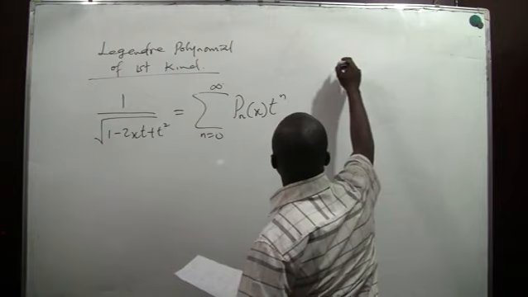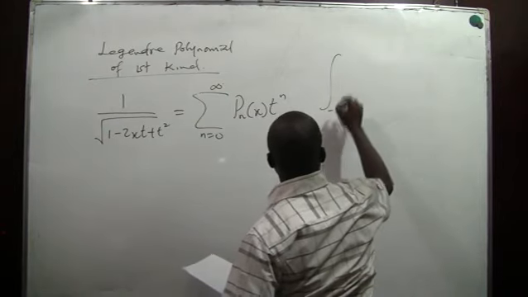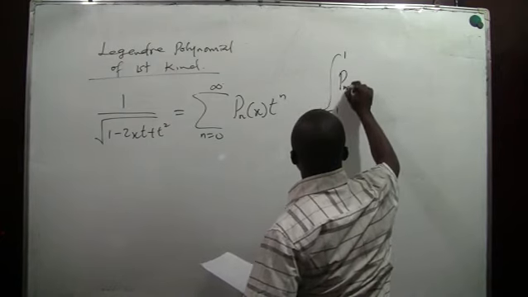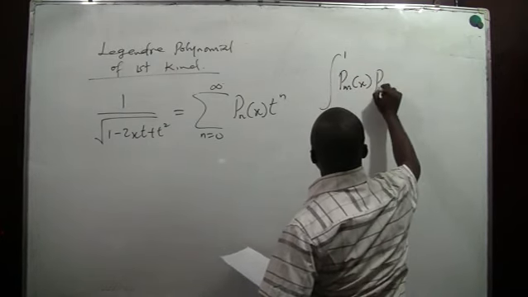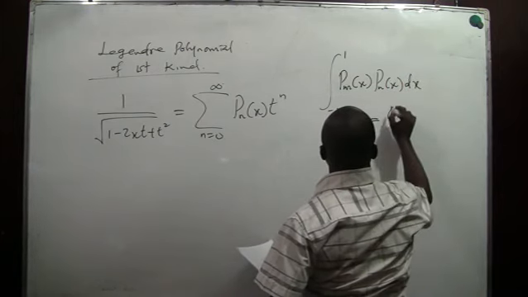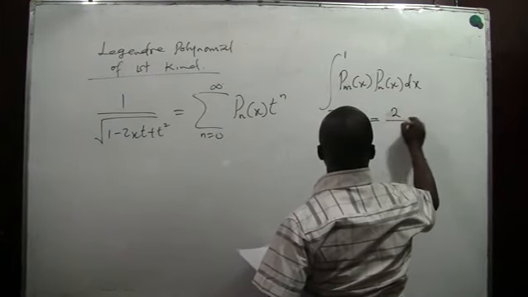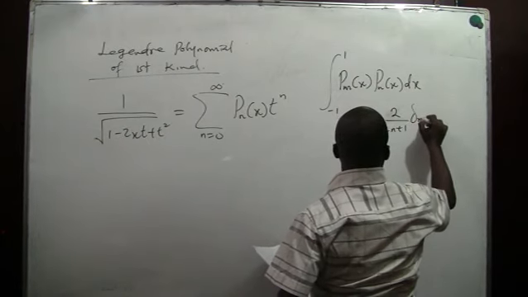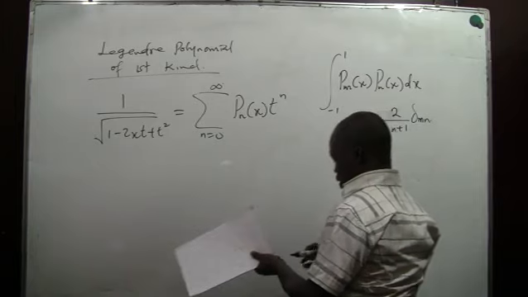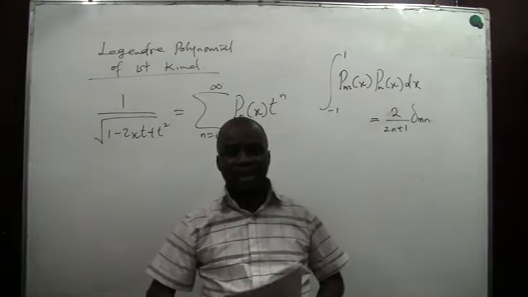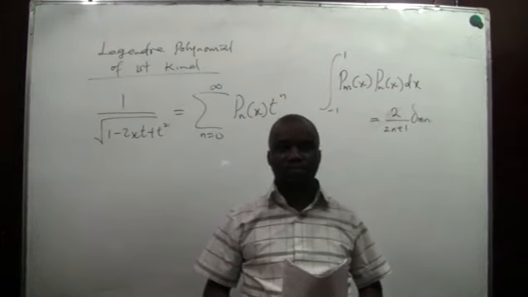We told ourselves that the orthogonality property is given as integral from minus 1 to 1 of Pn of x Pm of x dx equals 2 divided by 2n plus 1 Kronecker delta mn. And that is where we stopped in the last class specifically.